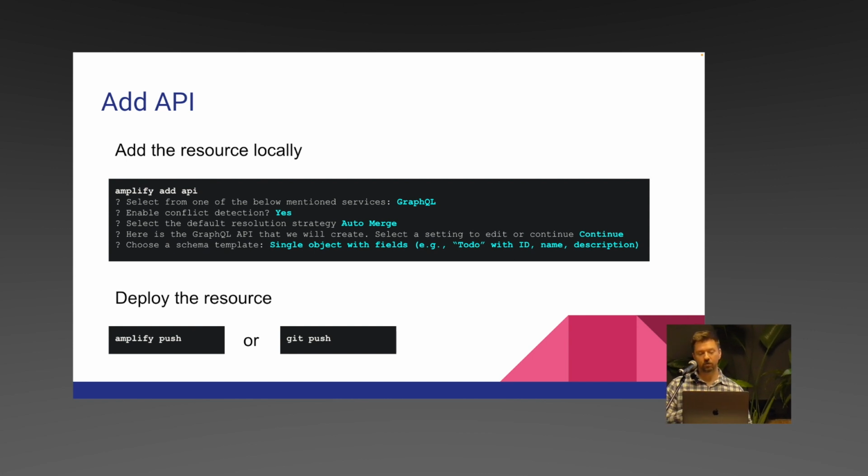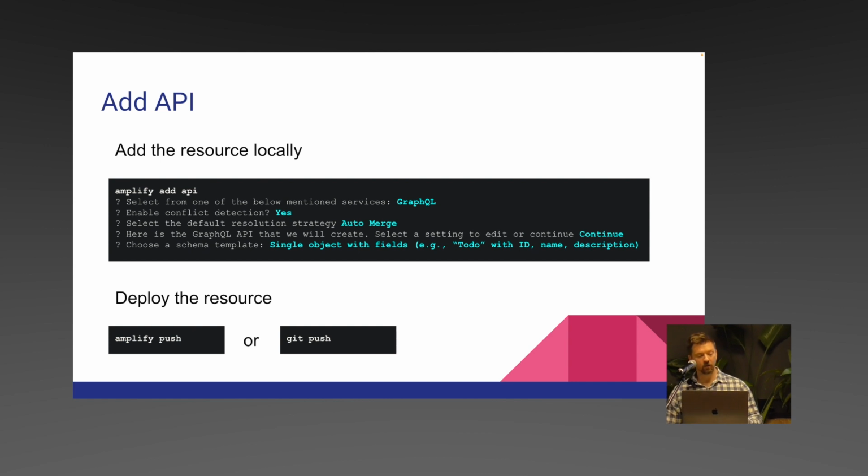Here we chose GraphQL and some conflict detection for our GraphQL subscriptions for resolving concurrency issues, but don't worry about that for now. And then finally, we'll be using a template schema for this project, which is also a to-do app. How convenient. So in AWS Amplify, the source of truth is the GraphQL schema.